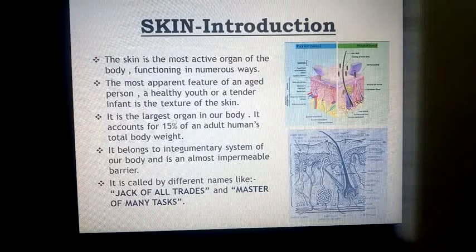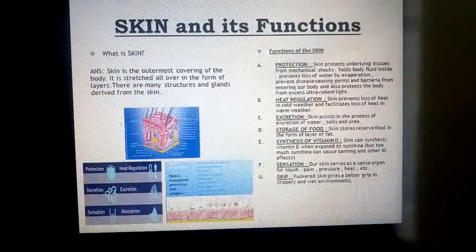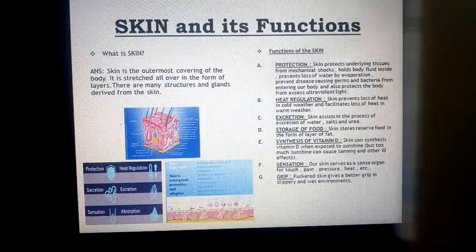Primarily, skin is an impermeable barrier. That is, it will not allow toxins and some of the substances, not some of, any substance inside. There are various functions. First function is protection. How does it protect our body? Skin protects our body in 4 ways.